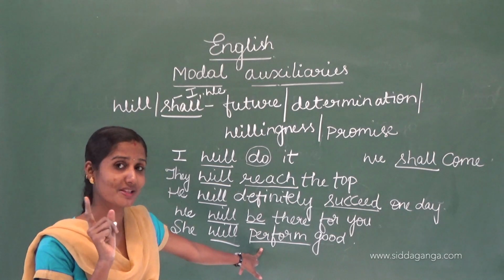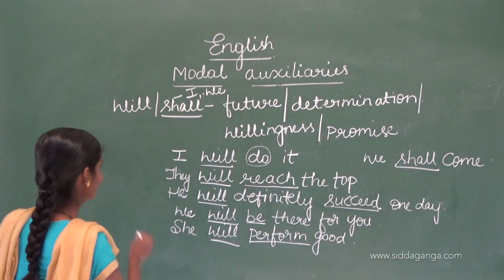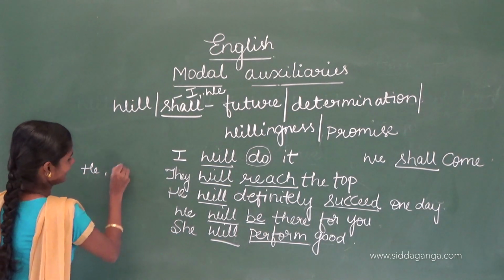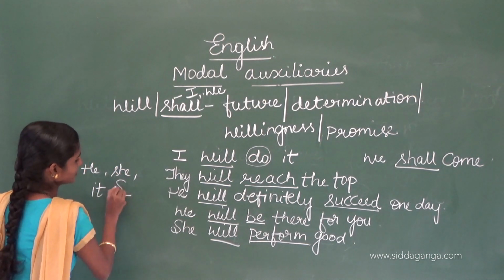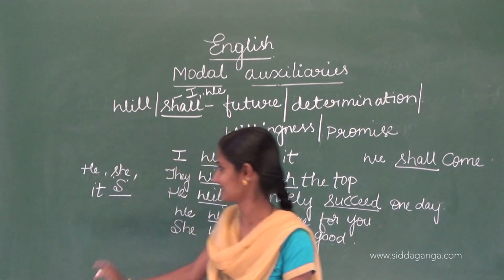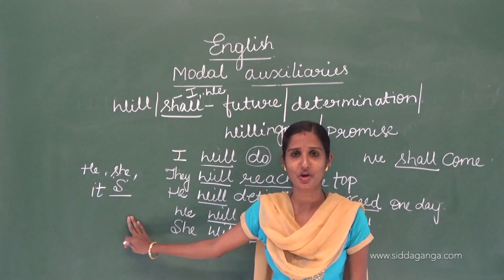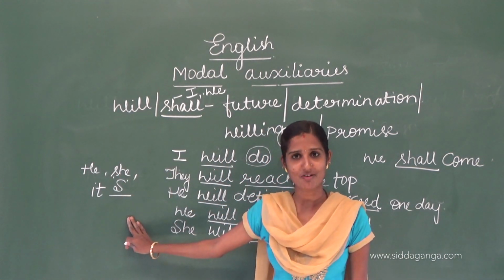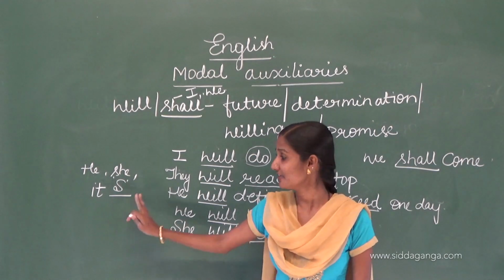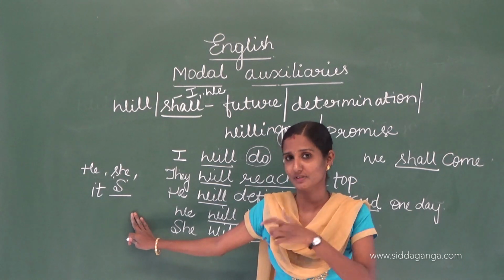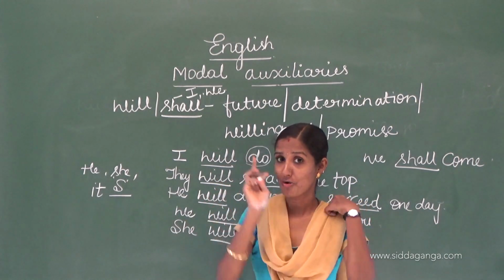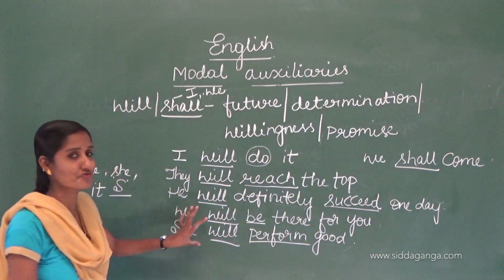I have told you in the previous class, when he, she, it comes, then the next verb should be added with the s. If you are using do or does, you have to use does. If you are using have or has, you have to use has. If you are using the main verb, then that verb will be combined with the s, but not in the past or not in the future.